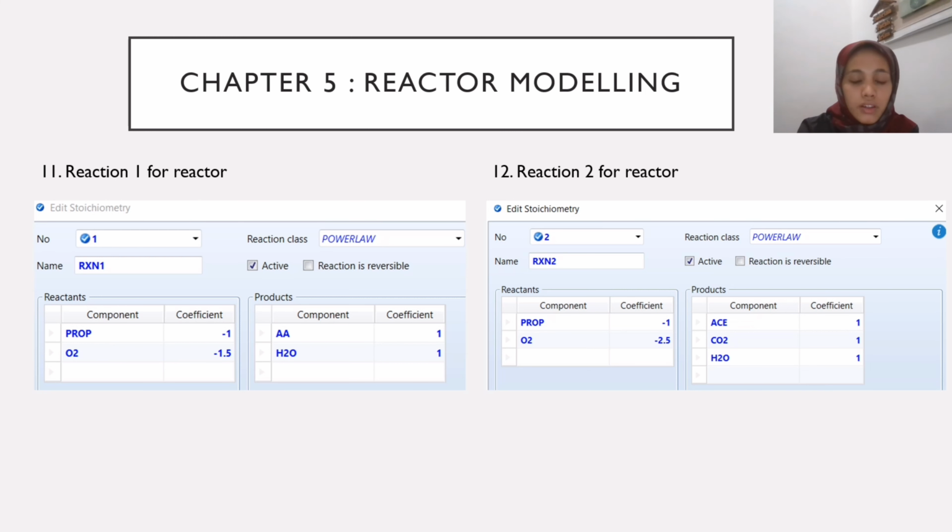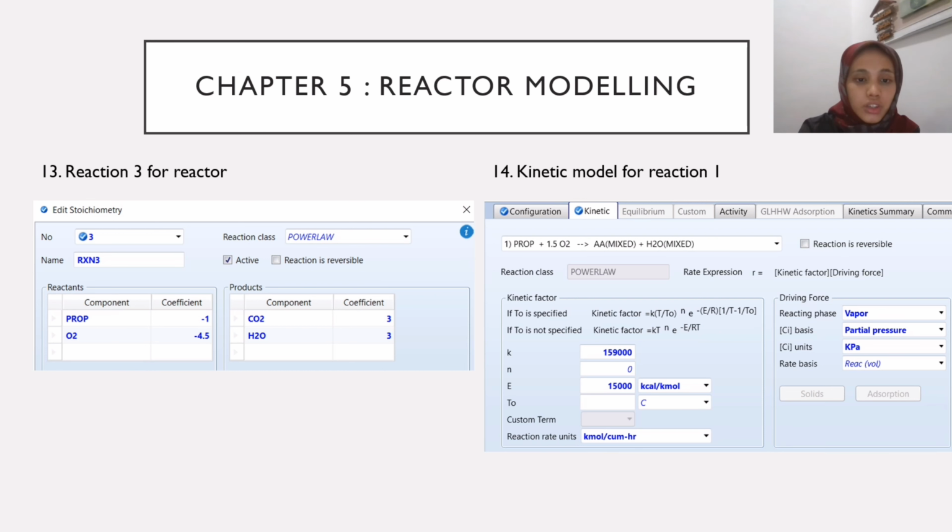For reaction 2, the propylene coefficient is -1, oxygen is -2.5, acetylene is 1, carbon dioxide is 1, and water is 1. For reaction 3, the propylene coefficient is -1, oxygen is -4.5. For the products, carbon dioxide is 3 and water is 3. All these 3 reactions refer to the chemical reactions.